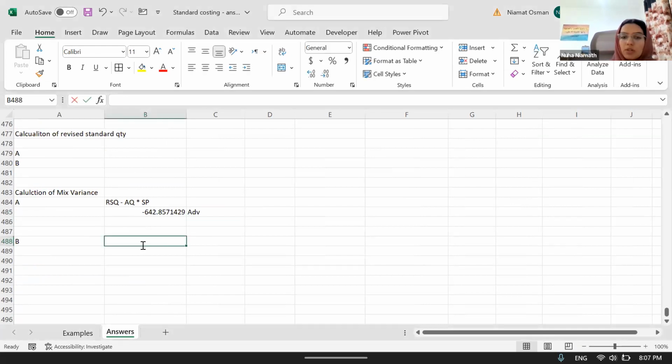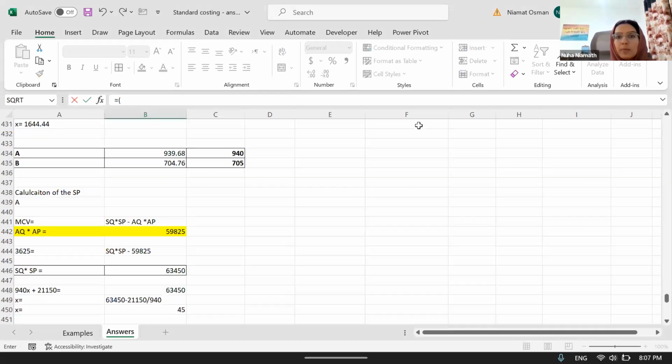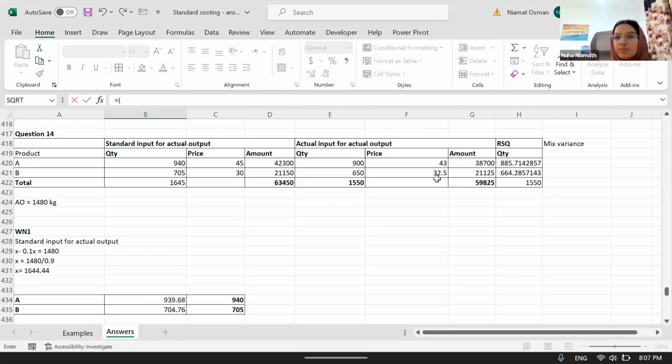What is the amount here for B? RSQ 664 and AQ is 650. Here itself tell me, is this favorable or adverse? RSQ 664. We have used actually 650.